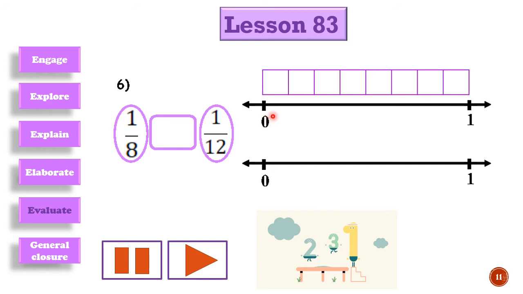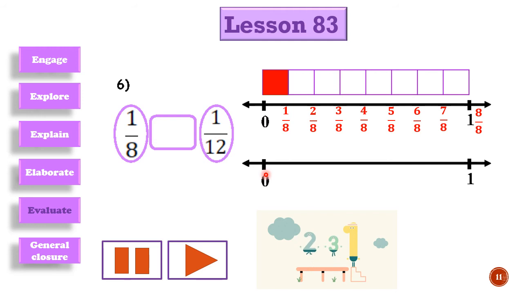Okay, let's write down on number line these fractions. 1/8, 2/8, 3/8, 4/8, 5/8, 6/8, 7/8, and the whole one it will be 8/8. And the 1/8 only will be this part only. Okay, let's go to our 1/12.